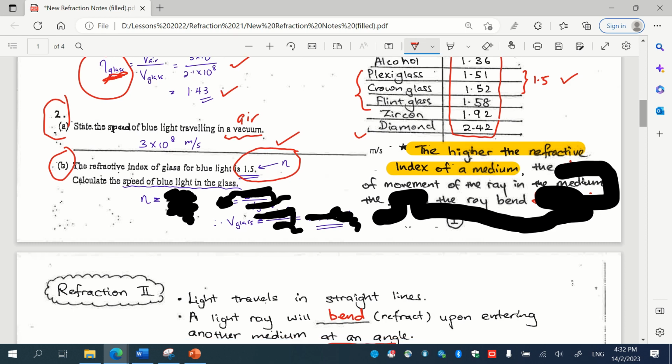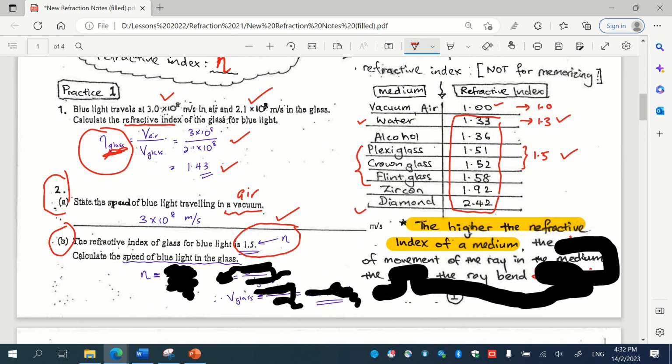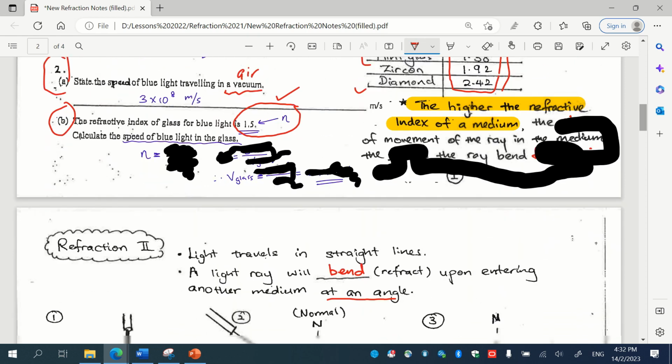By the way, this whole list of refractive indices is not for you to memorize. It's just for you to know different mediums have different refractive indices. If you need the figure, it will be provided in the question, like this one. The refractive index of glass is 1.5. That's given.